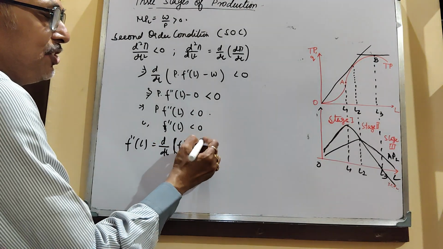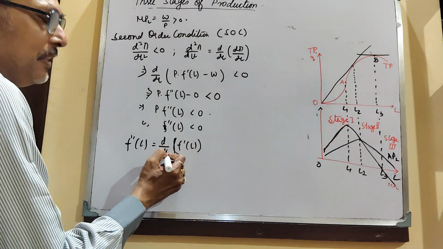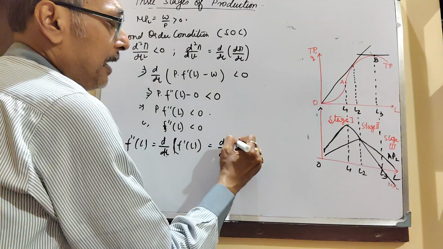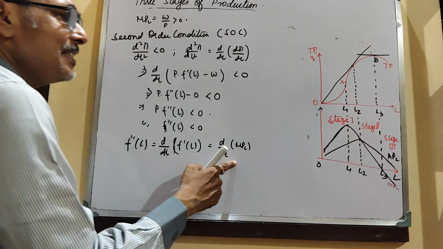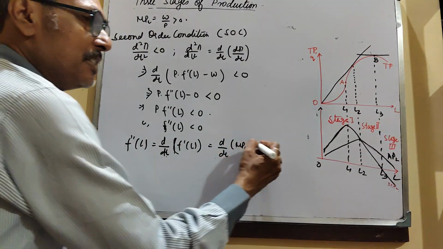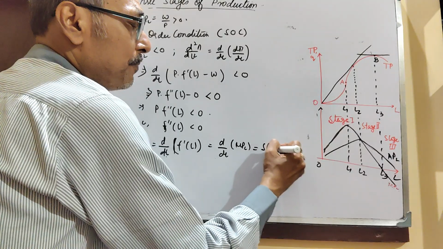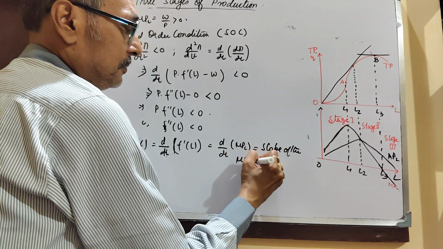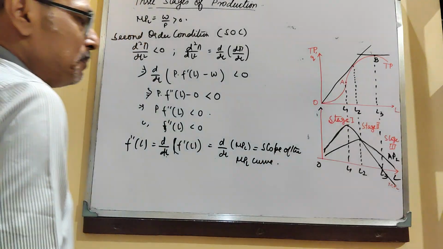That is, we differentiate f prime l with respect to l. This is basically d dl of MPL. That means this is the slope of the MPL curve.